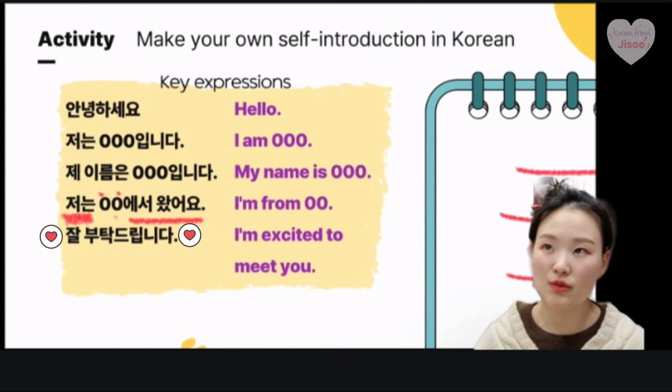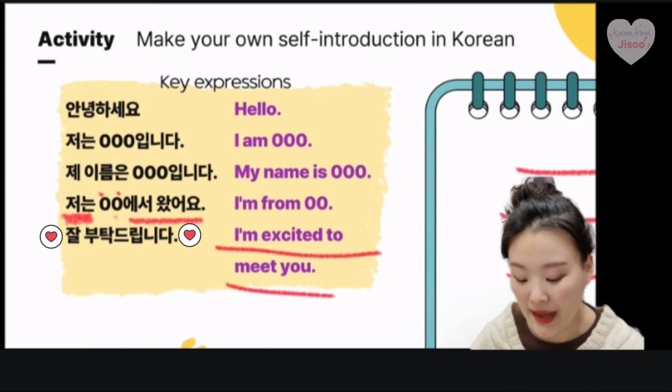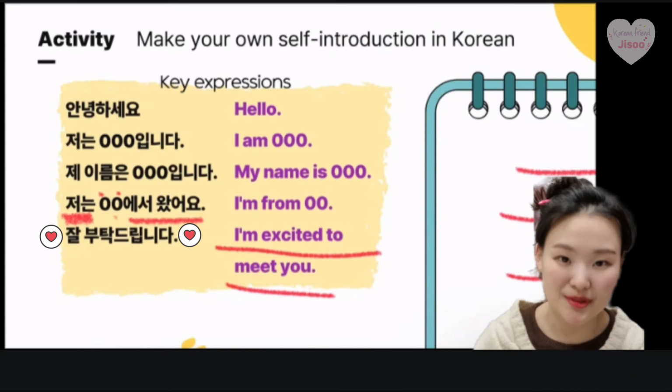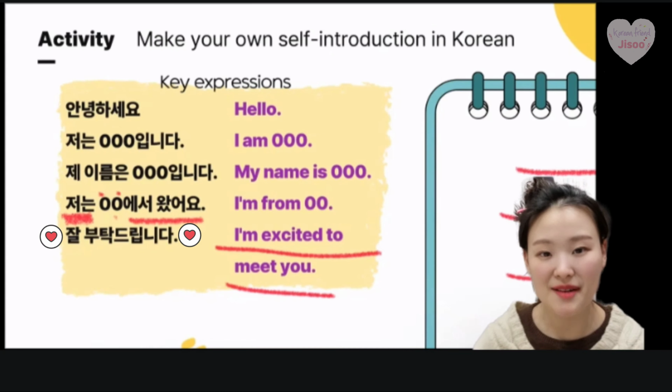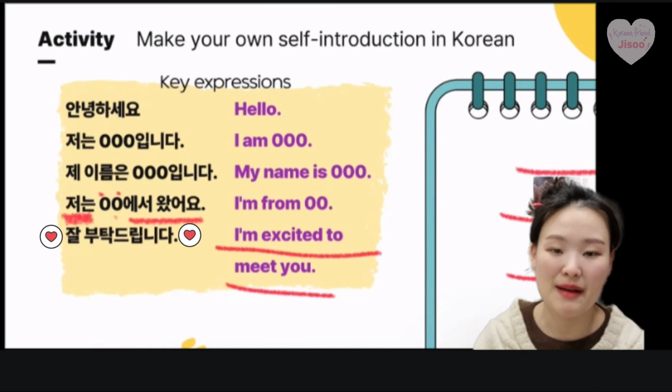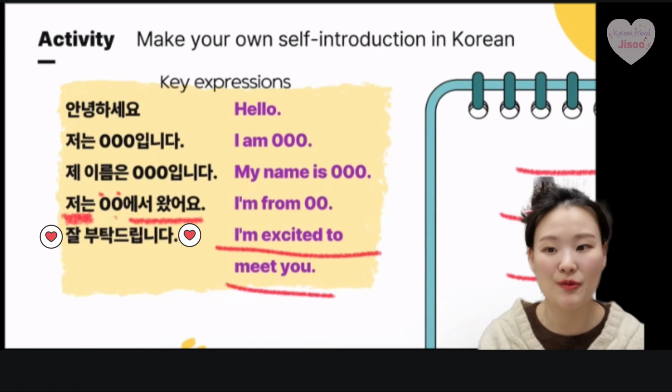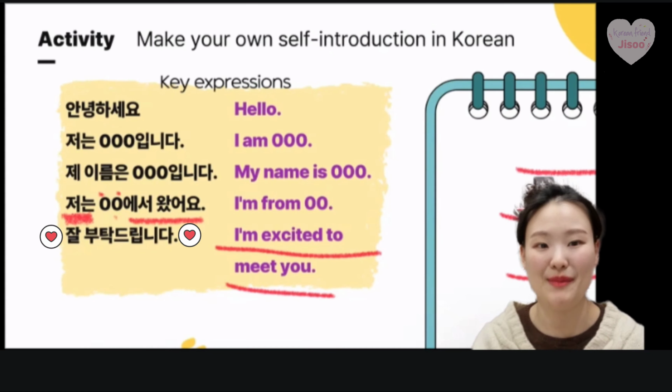So in English, it will be interpreted as I'm excited to meet you, and I hope we could be good friends, and I hope we could have a great time together. It means like this.